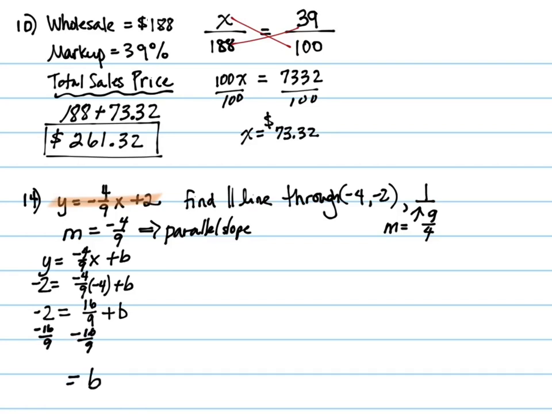So I need -2 written as a fraction out of 9, so that would be -18 over 9. There we go. Just need to multiply it by 9 over 9, right? Minus 16 over 9. So what is -18 minus 16?